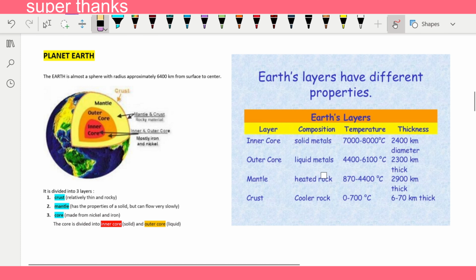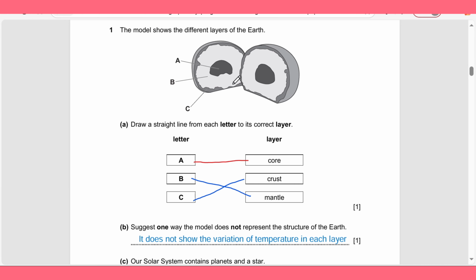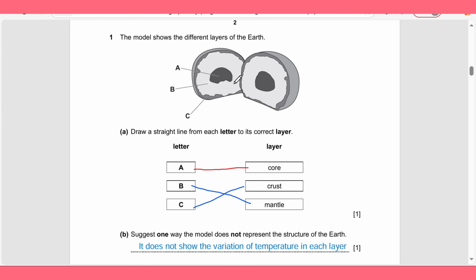Mantle has temperature of 870 to 4,400 degrees Celsius, while crust is the outer layer, the cooler rock, from 0 to 700 degrees Celsius. So that's the reason that the model in here does not show the variation of temperature in each of the layer. Alright, let's move on.